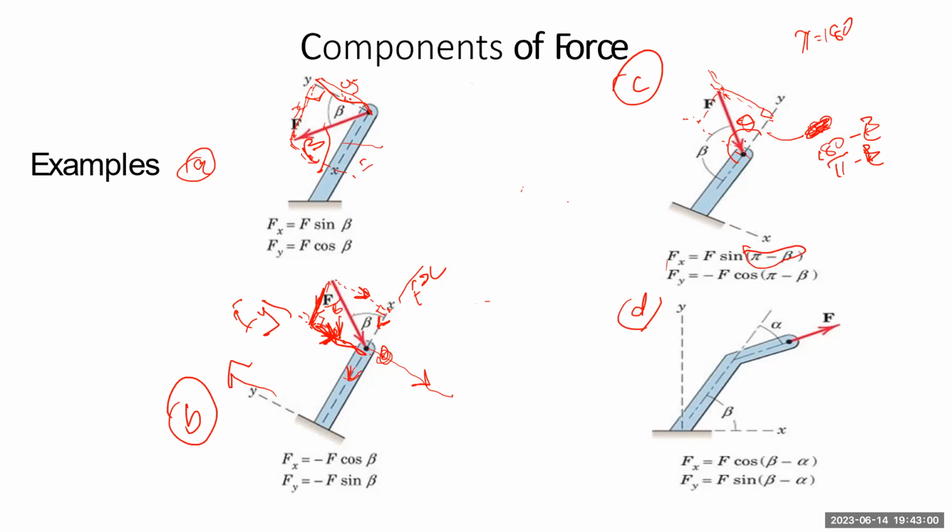But of course, one is positive and one is negative. Which one is positive and which one is negative, and how did they get one positive and one negative? If you draw the arrow going in that direction, in the X it is positive and in the Y it is negative.